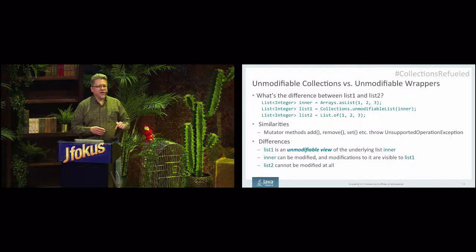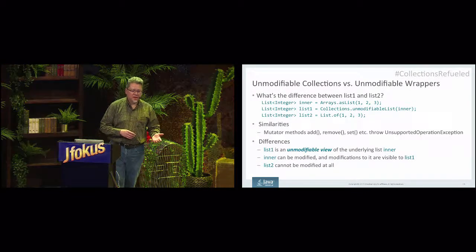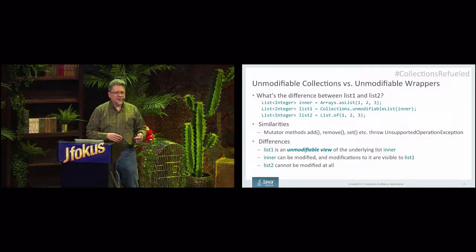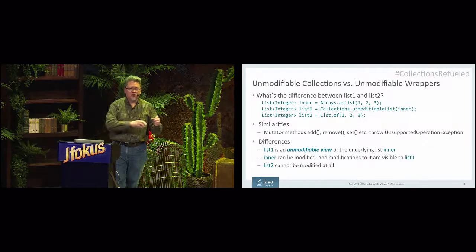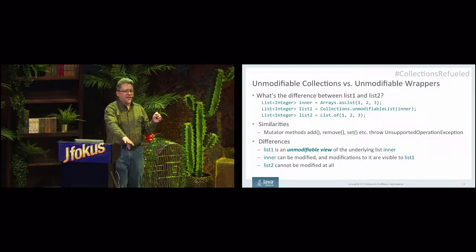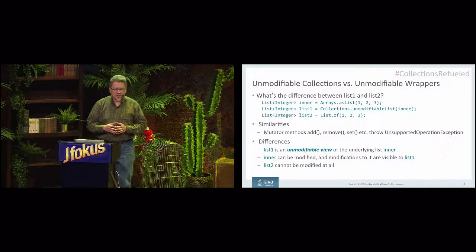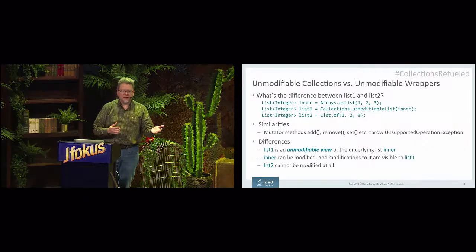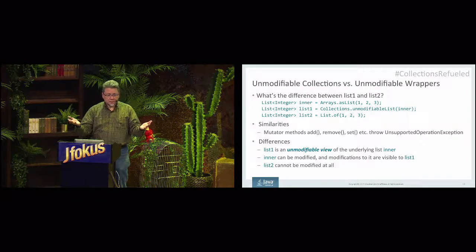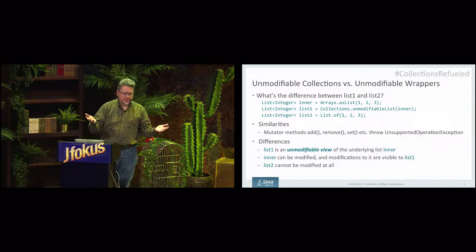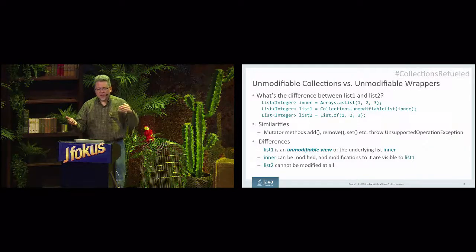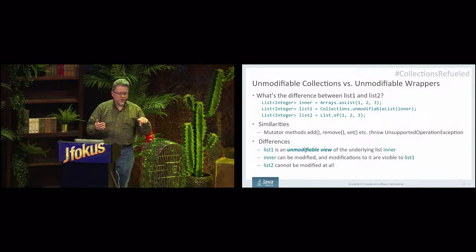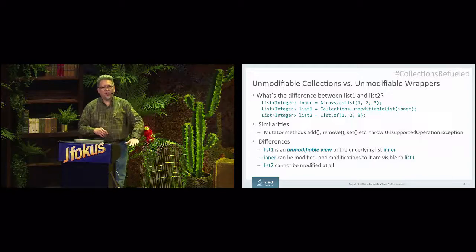Now, list 2, on the other hand, is initialized using List.of(1, 2, 3). And that is an unmodifiable collection. There's no backing collection underneath it that can be modified later on. The similarities between these are they're both unmodifiable in the sense that if you try to call a mutator method on either the unmodifiable list or the unmodifiable wrapper, you're going to get the unsupported operation exception. However, there's a distinction here, which is that the first list is an unmodifiable view of the underlying list.